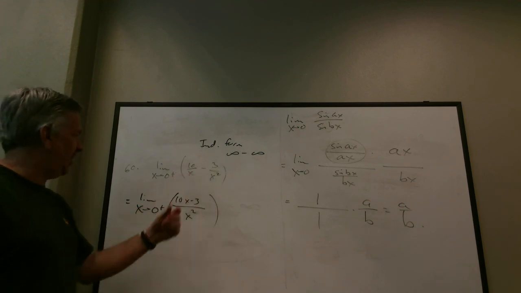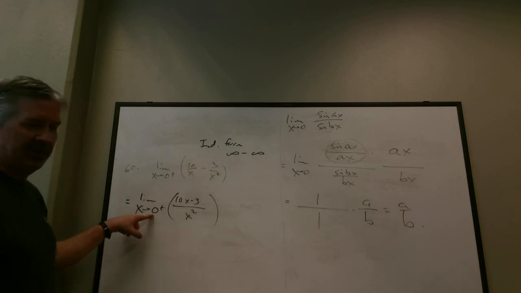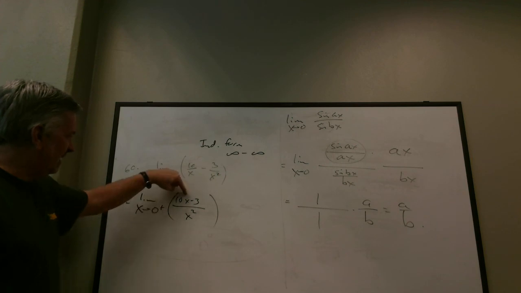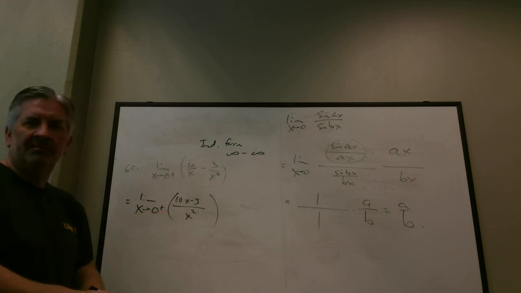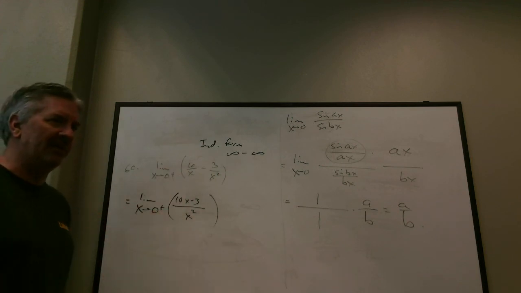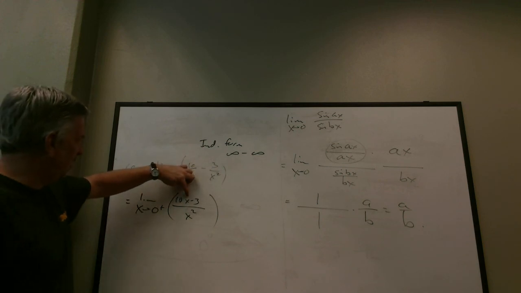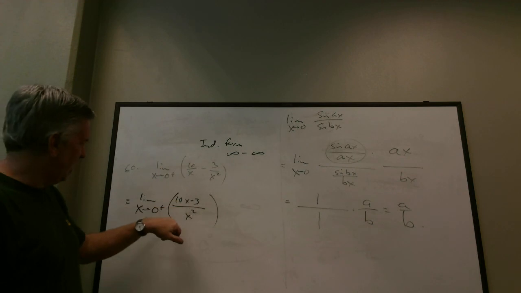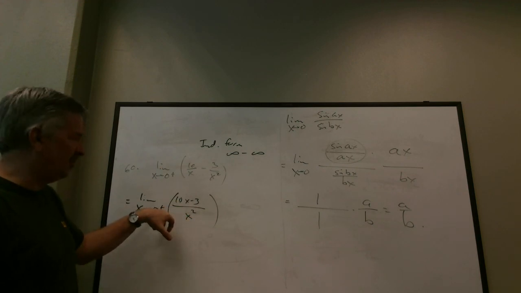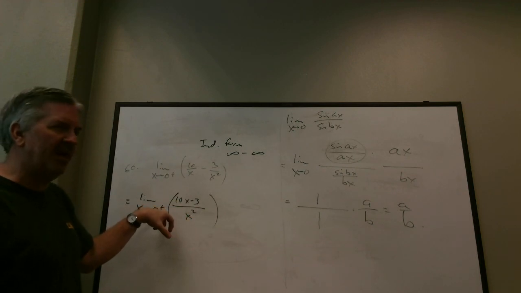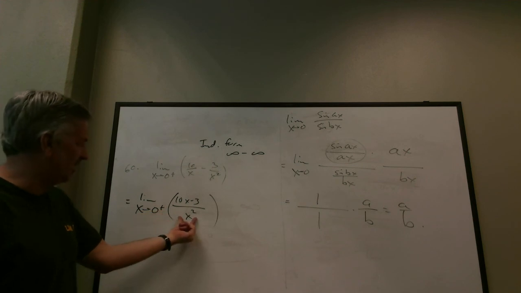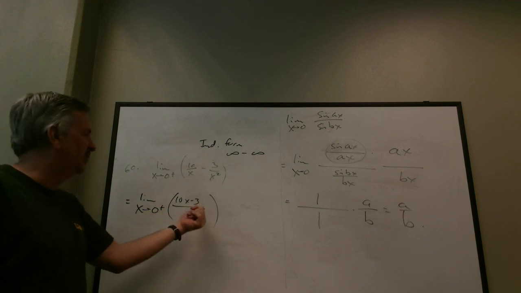But notice when I combine these together, if I try to plug in 0, I get negative 3 over 0. Now again, you can't just say undefined. You actually have to think about what's going on. So the numerator is getting close to negative 3. And the denominator, again, when we approach 0 from the right, we actually never get to 0. So it's like 0.00001 squared.